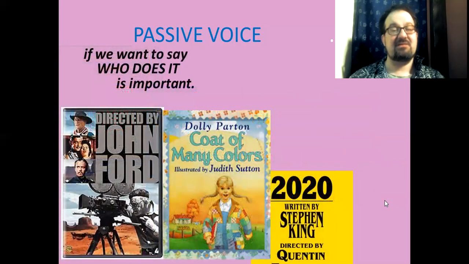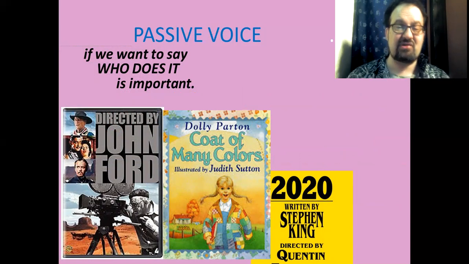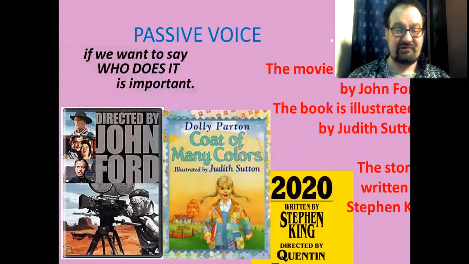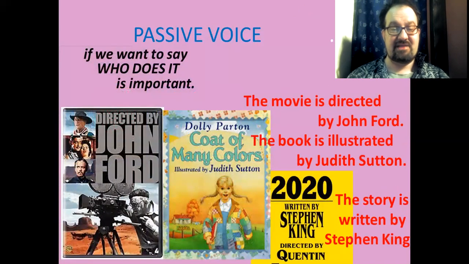Okay, sometimes we emphasize the person who does it because it is important, and that's why we put it there. This is a funny thing. Usually, you put the most important thing at the end of English sentences. So when you want to say the person who directed the movie is important, then we just put this at the end of the sentence.